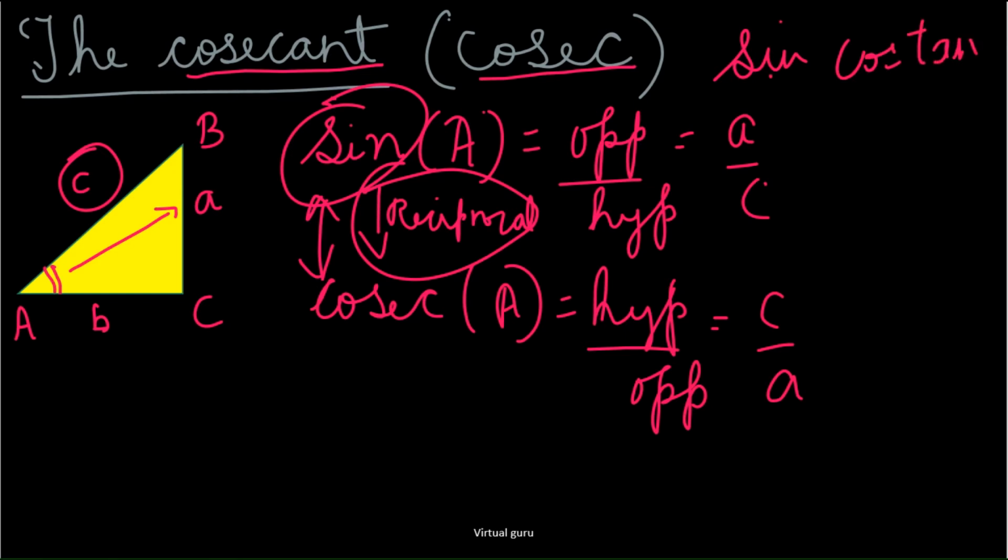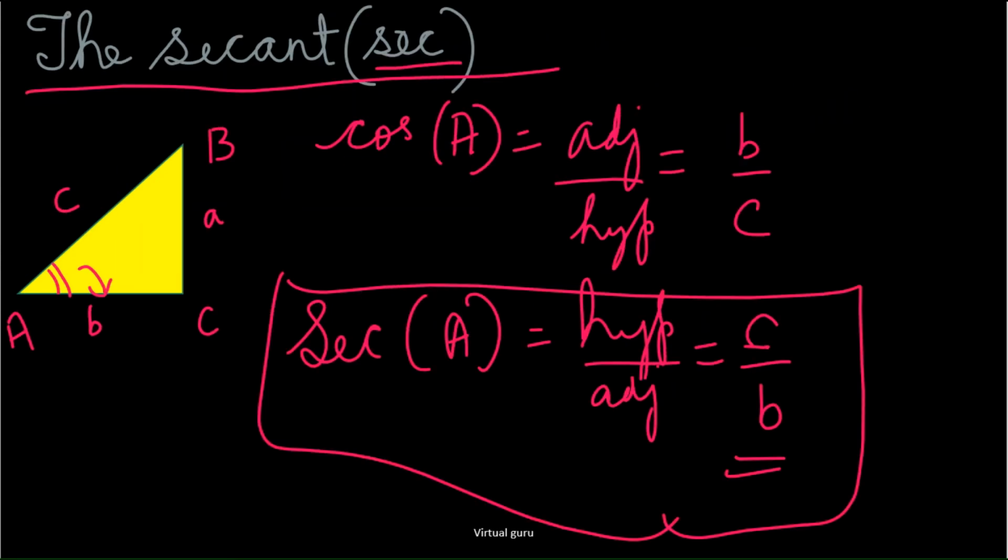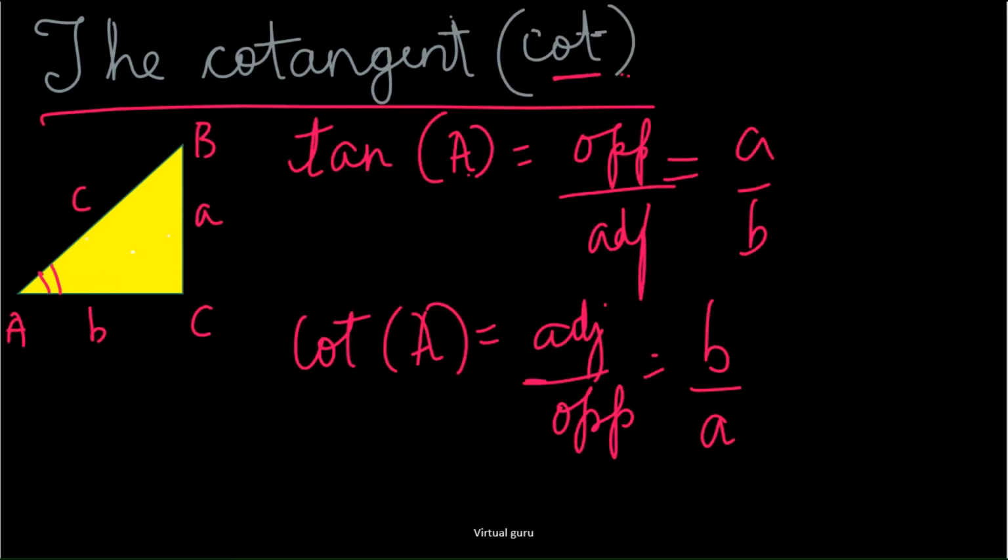Perfectly means sine is opposite by hypotenuse, cos is adjacent by hypotenuse, and tan is nothing but opposite by adjacent. Next, what you have to remember is cosecant is the reciprocal of sine, secant is the reciprocal of cosine, and cotangent is the reciprocal of tangent. If you do this, it is very, very easy to remember the new three ratios.